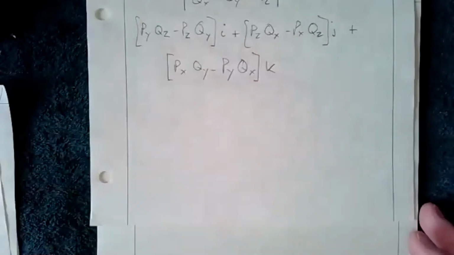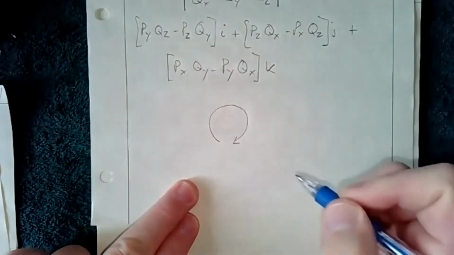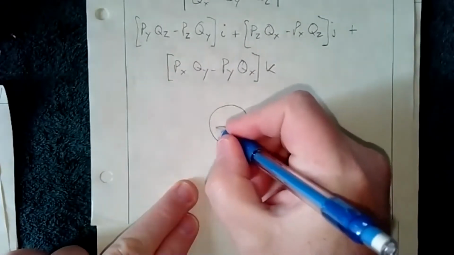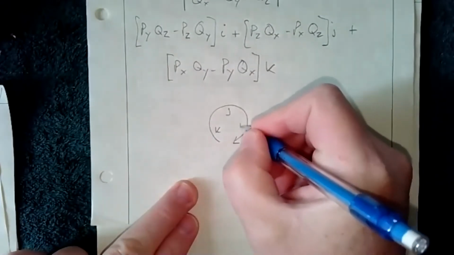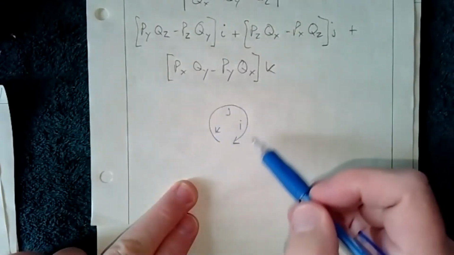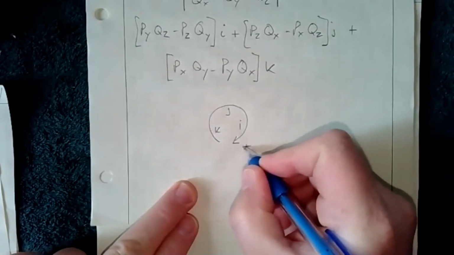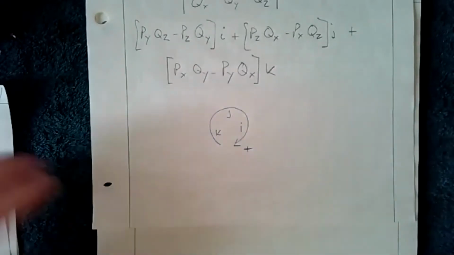One of the things that helps when you're crossing vectors is you can essentially draw a line like this, and if I write k, j, i in there, I know that if I'm going clockwise, then clockwise is negative, not positive.